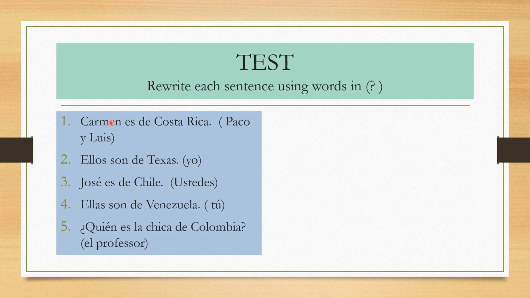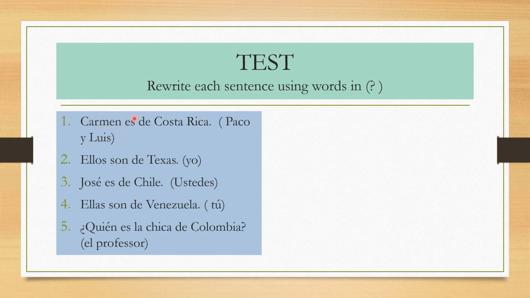Now, Carmen is a singular name, and so the conjugation of the verb has to be she. Carmen es. Now, when you substitute and include Paco y Luis, that conjugation is going to change because now, instead of one person, it is Paco and Luis, which is two people.